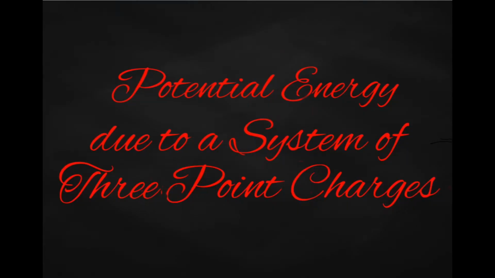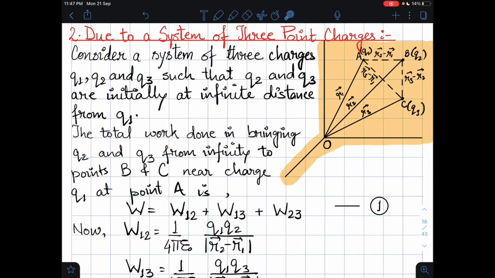Next up we have a system of 3-point charges. Now we are considering that we have A, B and C at distances r1 vector, r2 vector and r3 vector from an origin. Charge at A is q1, at B is q2 and at C is q3.